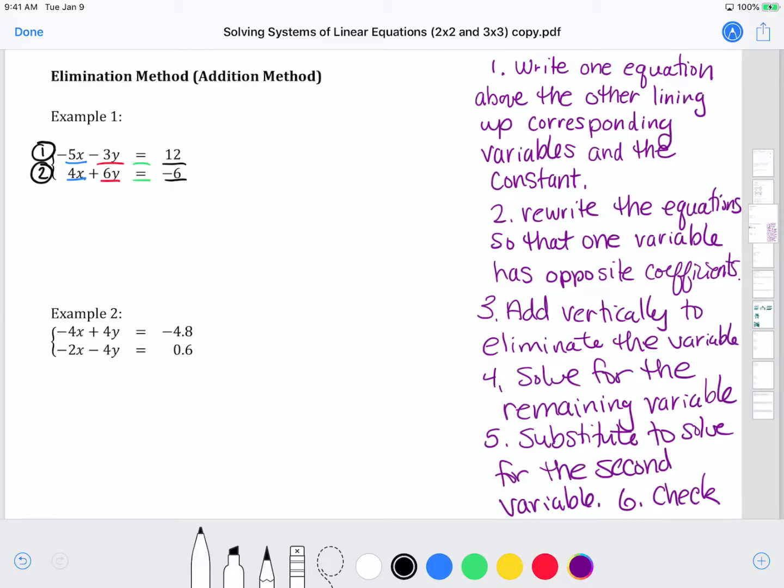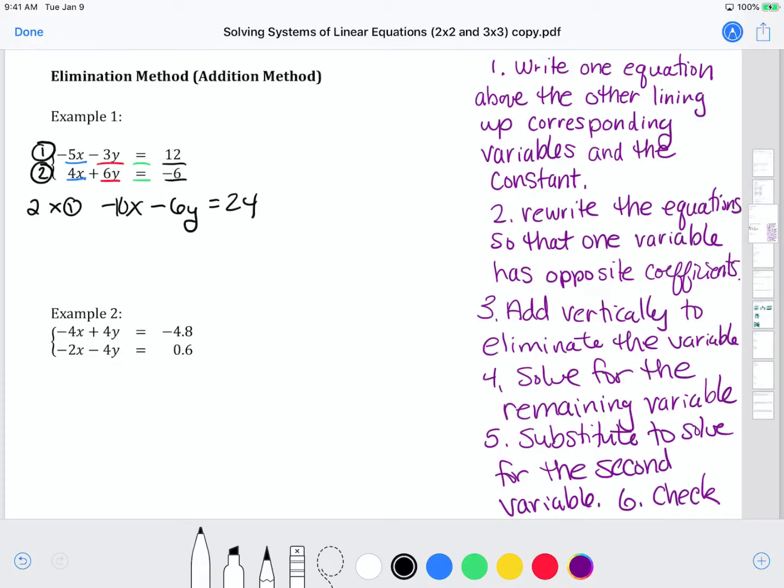I'm going to take the entire equation 1 and multiply it by 2. 2 times equation 1, that's going to give me -10x minus 6y is equal to 24. I'm multiplying everything by 2.